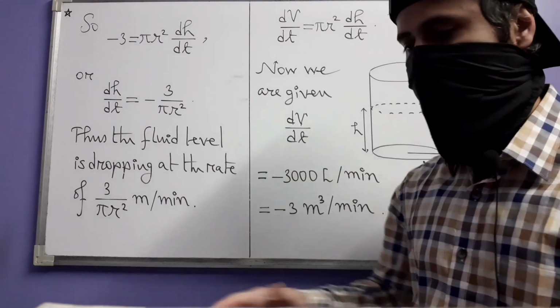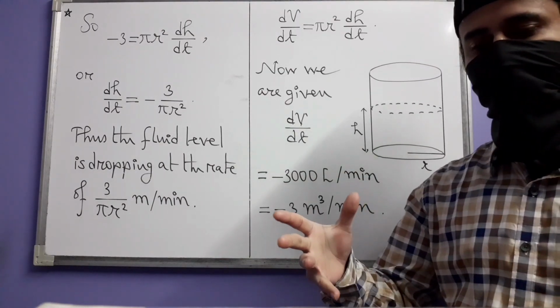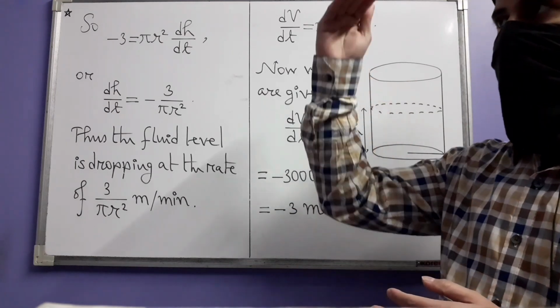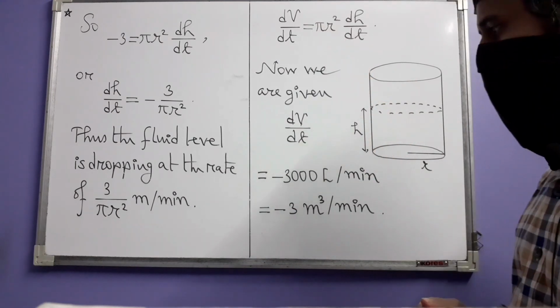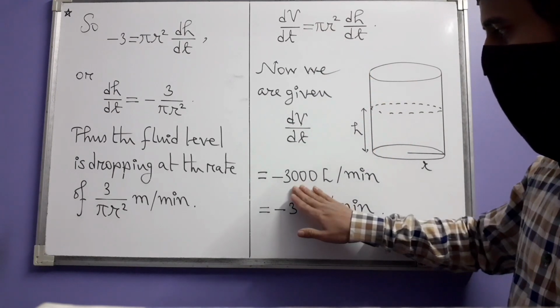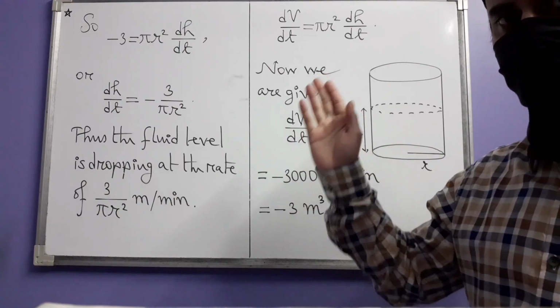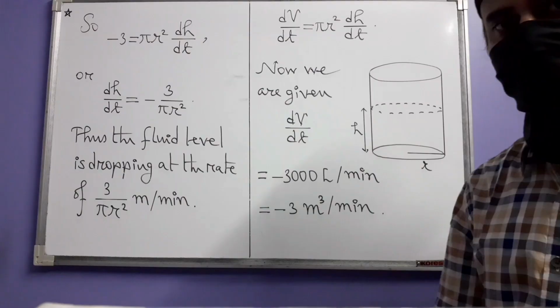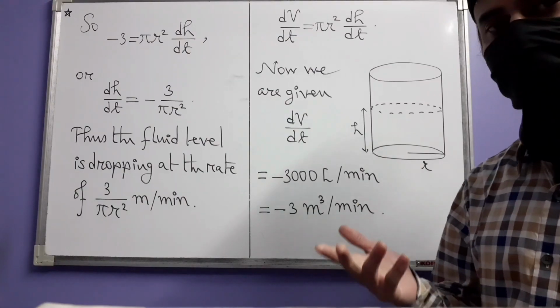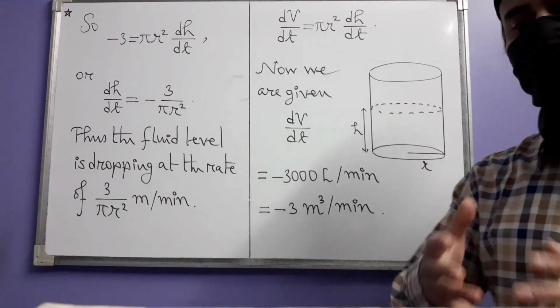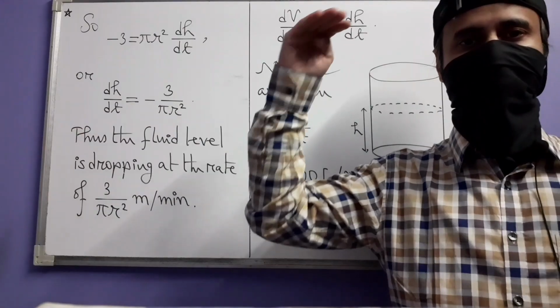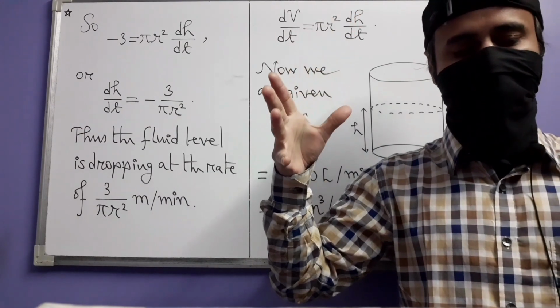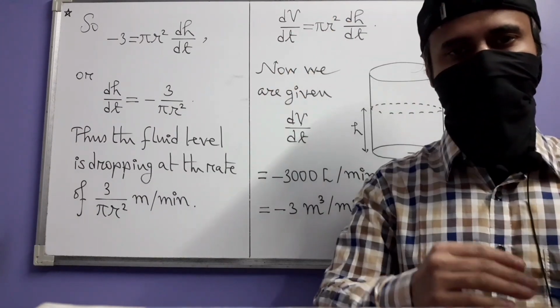Whereas if you have a small radius, if your tank is more like a tube, then the level will drop rapidly, provided you keep this rate at which fluid is being drained out of the tank constant, this 3000 liters per minute, which also matches with our experience. If the tank is really wide, then it will drop more slowly, whereas if it is narrow, it will drop more quickly.